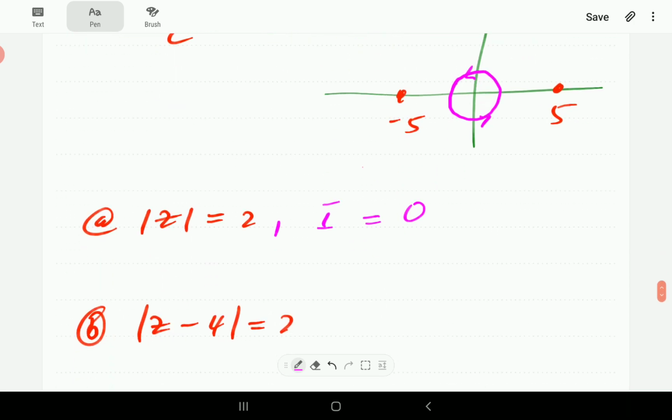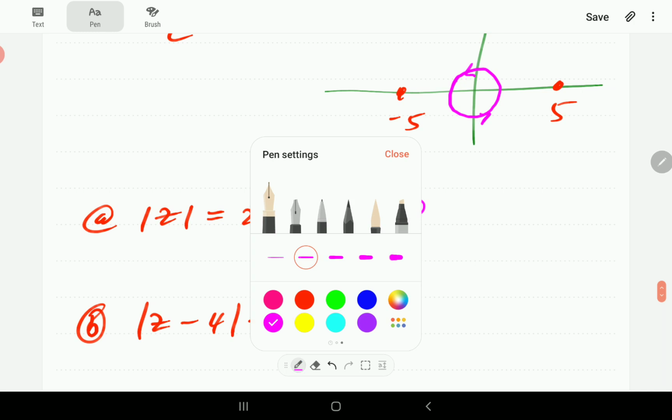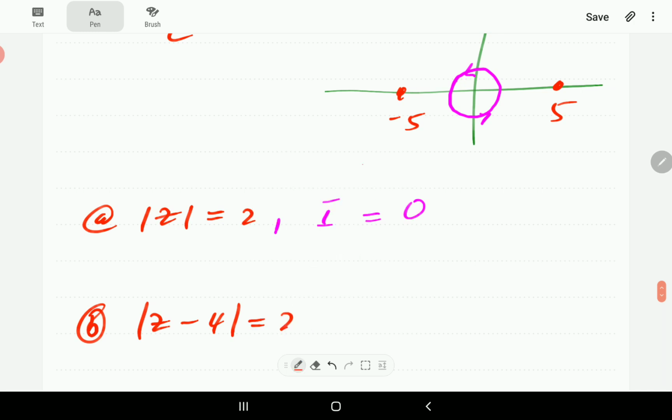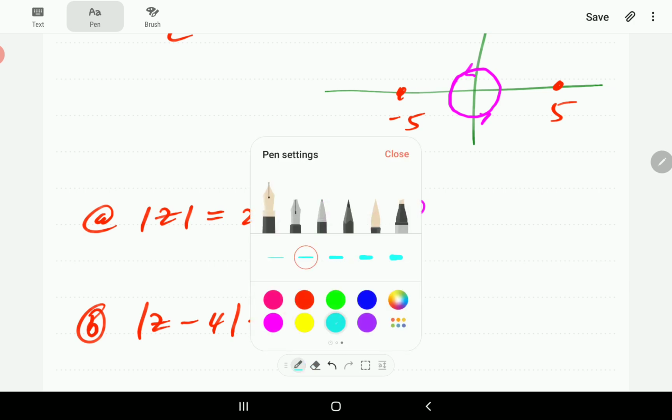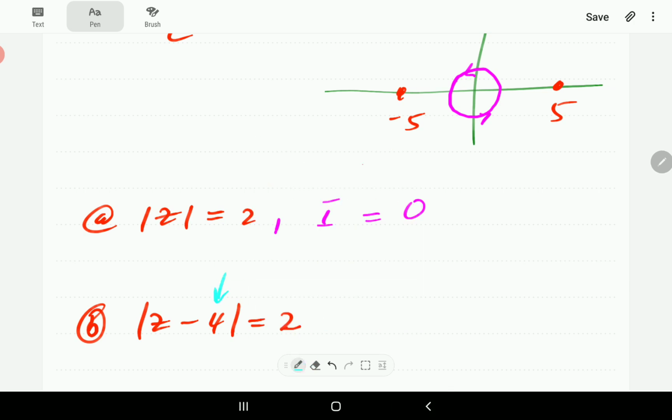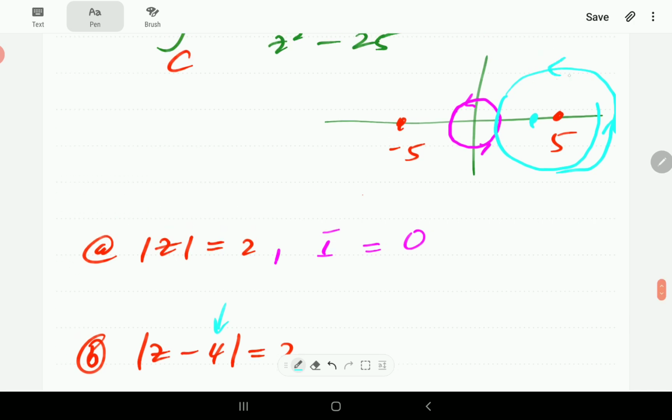Then in the second case, we have the modulus of z minus 4 equal to 2. So this is a circle centered at 4 with radius 2. Okay, so it's going to look something like that. This one is definitely going to be encircling the singularity at 5.